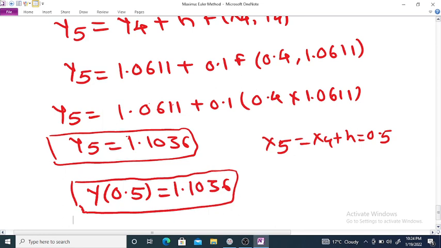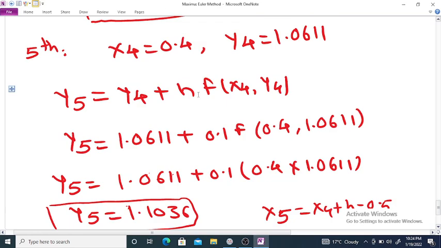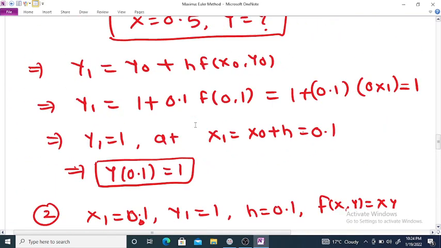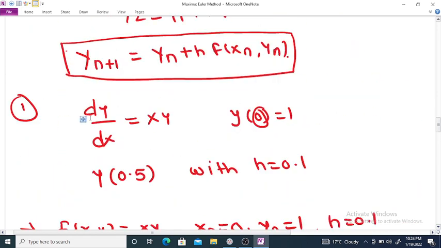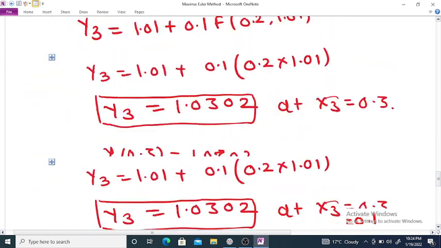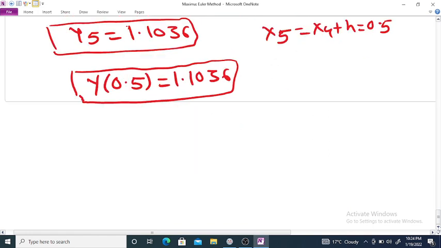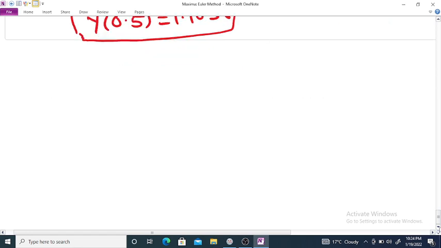Next, we can also find an exact solution by using analytical methods.